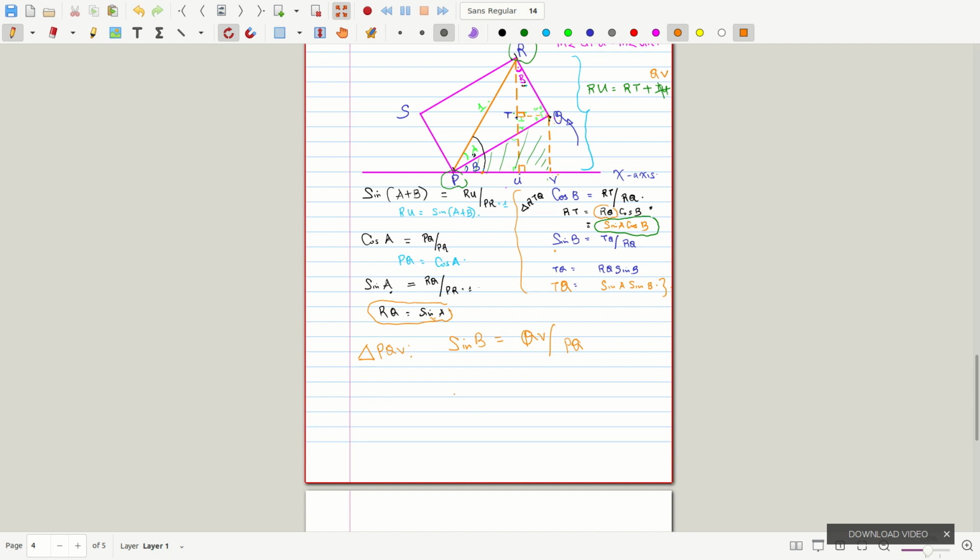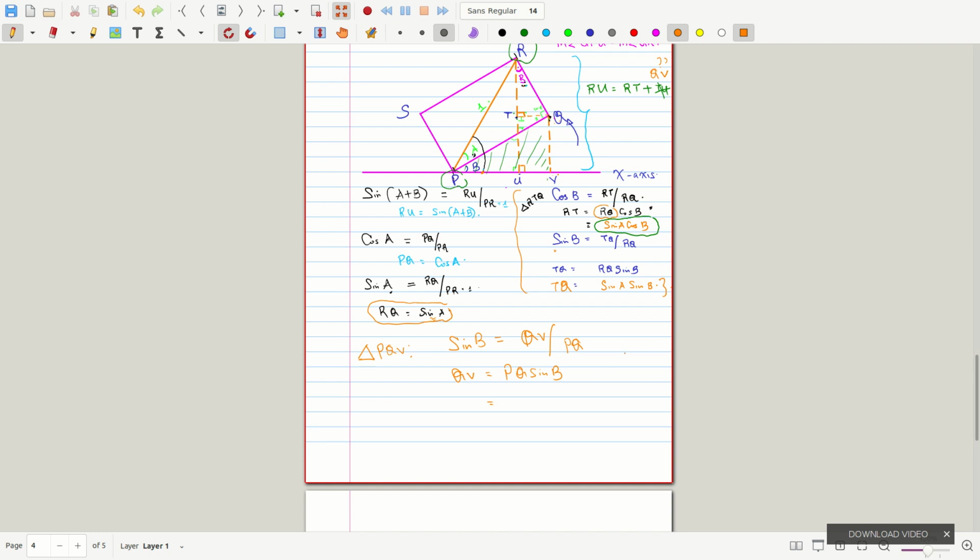So we can make QV the subject, since QV is of interest to us here. QV is going to be equal to PQ times sine B.